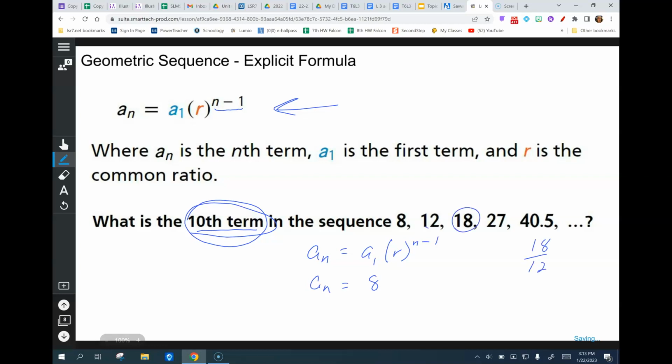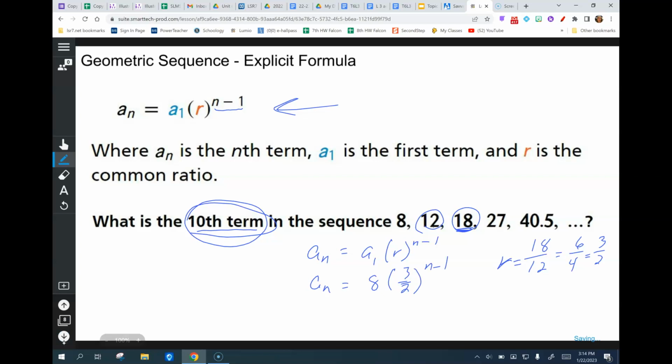I just took a term divided by its previous. Those can both be reduced by 3, so I get 6/4. Whoops, I could have reduced them both by 6, so 3/2. Okay, so then my ratio is 3/2, and then to the n minus 1.